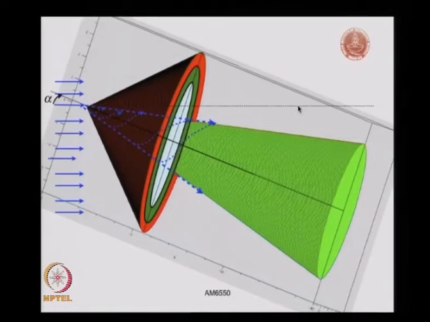So, we will see what we are going to do in this particular case when we have an axisymmetric case. But before that, I want to look at this geometry a little more, and try to understand what is happening to the streamline once it goes inside the shock wave, and why it happens, and so on.